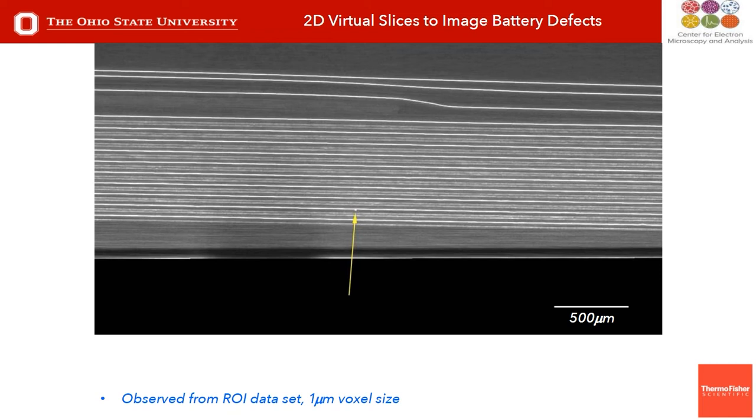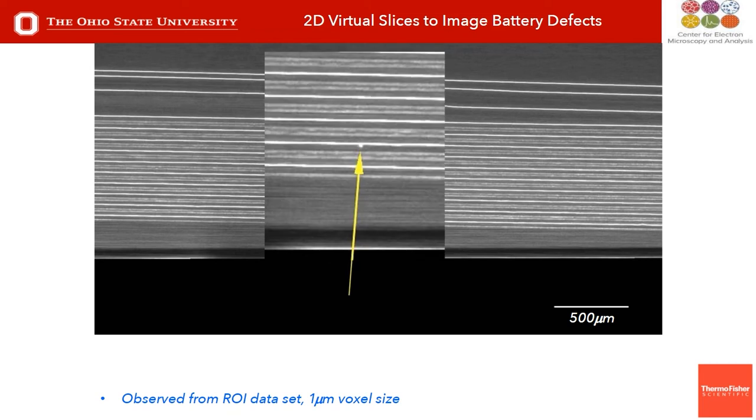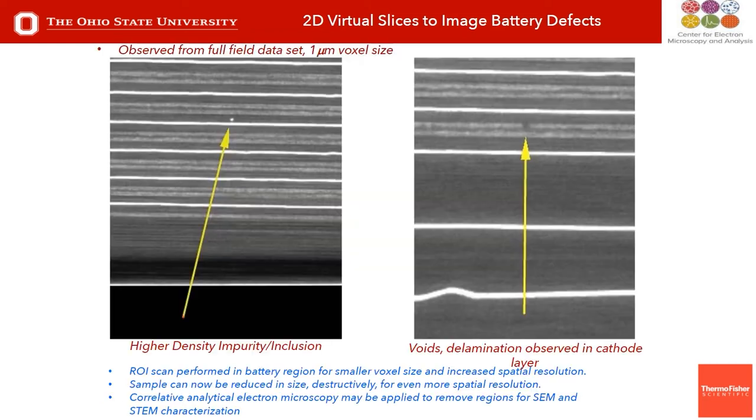And if you can see my yellow arrow, it's pointed to a little spot. And maybe you can't see that, but if we increase it a little bit, here you can actually see a circular bright feature. And in X-ray CT, the bright feature is going to relate to a more dense material.